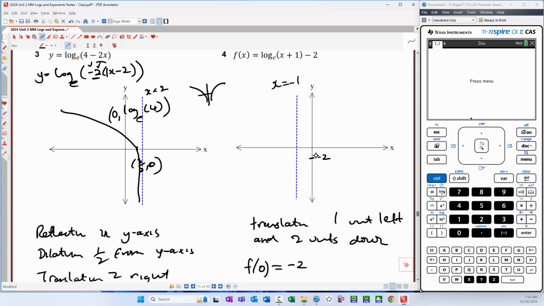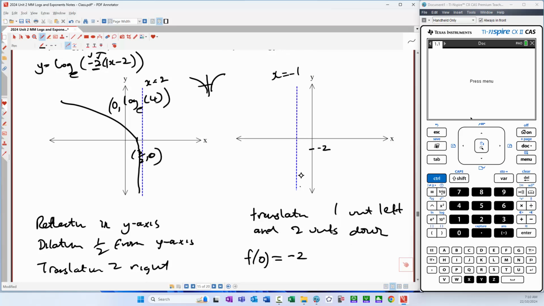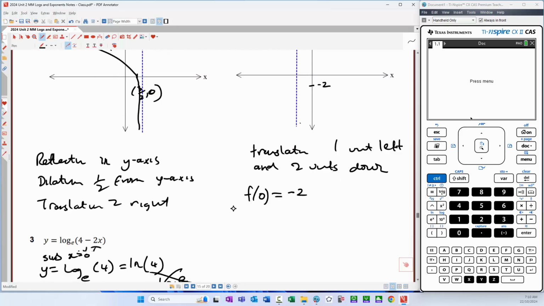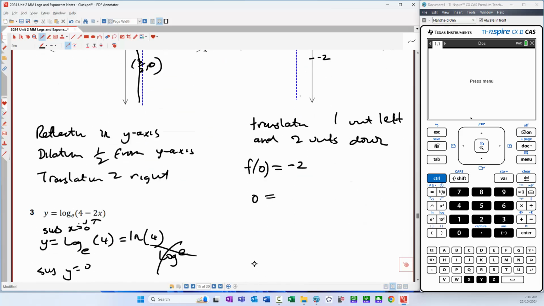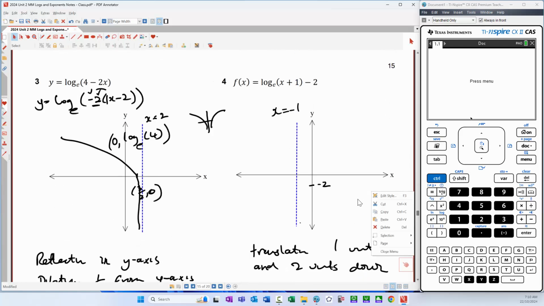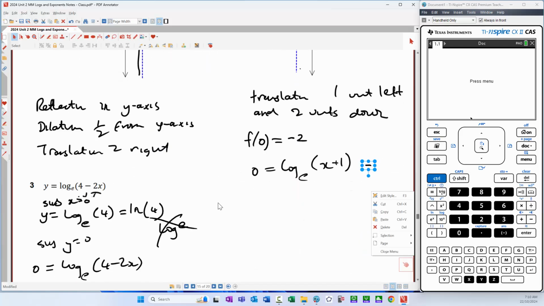Okay, so we can see we're going to come up and go through here somewhere. All right, so where is that going to be? So we're going to go 0 equals log e (x plus 1) take 2. Take away 2. Ugh, worst memory, -2.